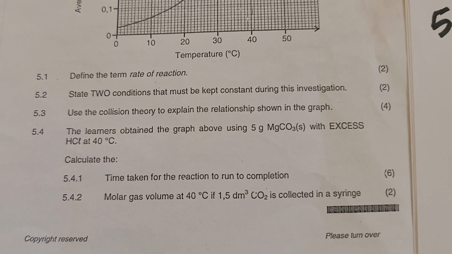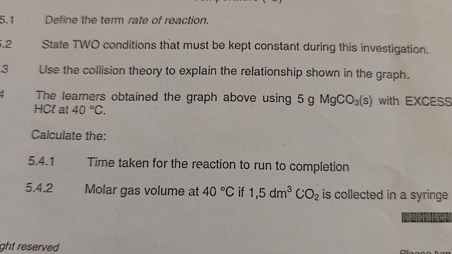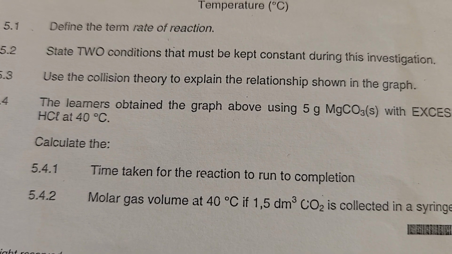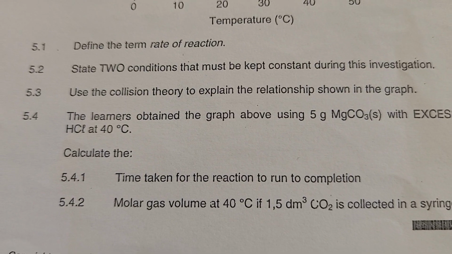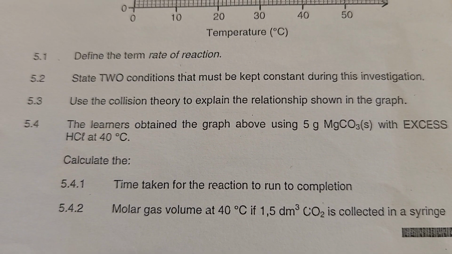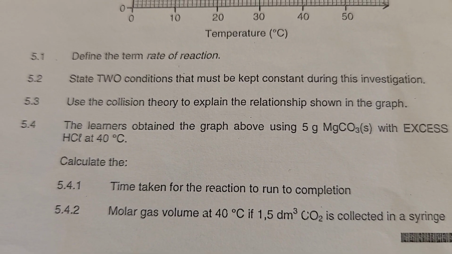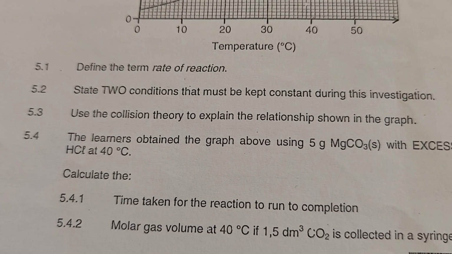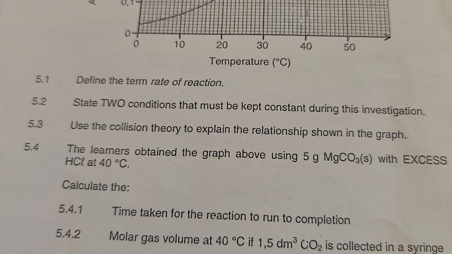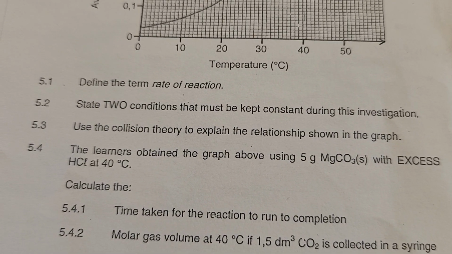5.2, they say state 2 conditions that must be kept constant during this investigation. Remember, to make the experiment fair, while we're investigating one factor, we have to make other factors constant. In this case, we're investigating temperature, therefore the other factors must be kept constant.